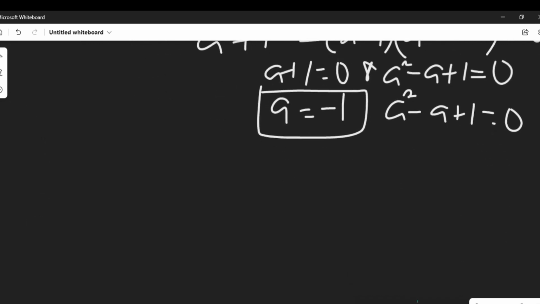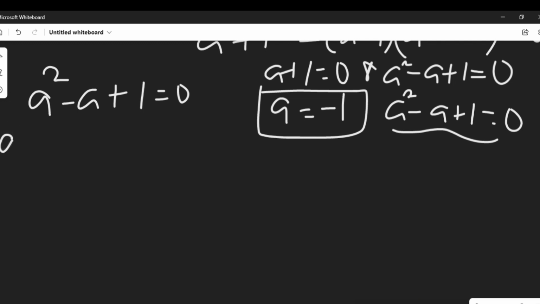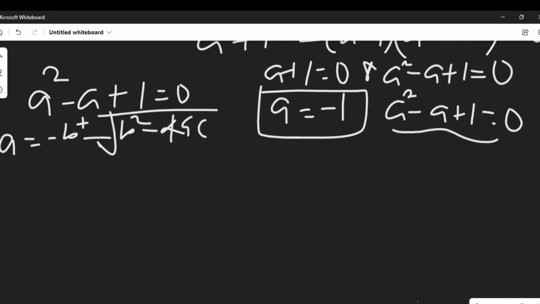So the next thing we're going to do is simplify this using the almighty formula, the quadratic formula. For the quadratic formula, we'll have a equal to minus b plus or minus the square root of b squared minus 4ac, all over 2a.